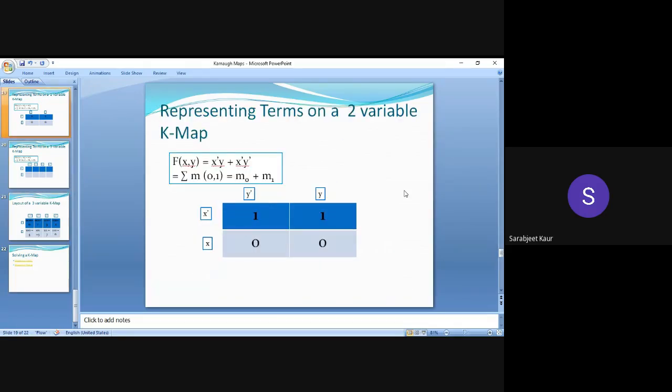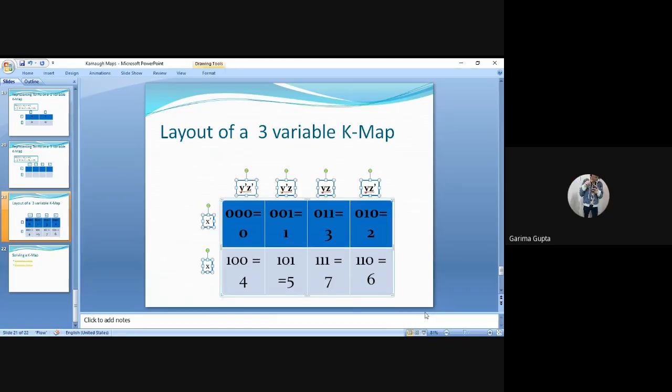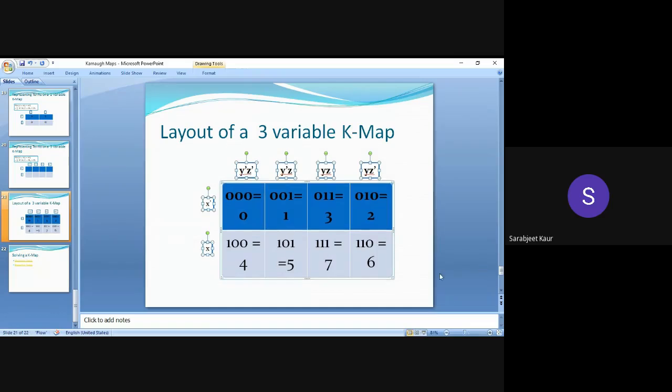Similarly, for the two variable K-map, you have to remember it. Is this clear? Yes, ma'am. So how do I remember it? I always remember it as 0, 1, skip, 2, 3, and 4, 5, skip, 6, 7.